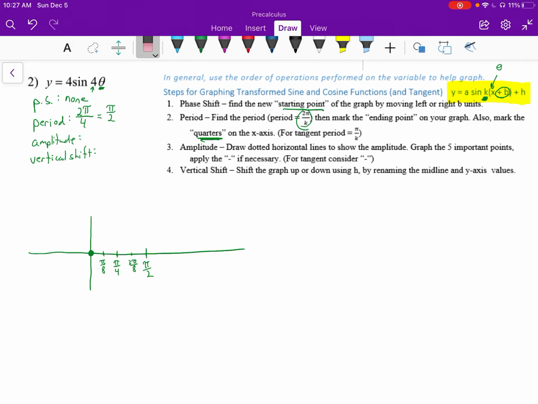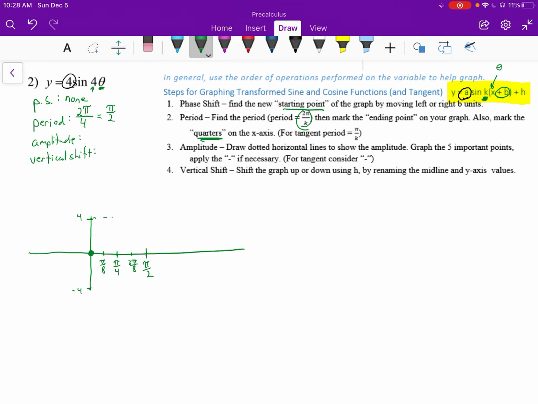Next, once we use our period to find the ending point, we go to our amplitude. Our amplitude comes from the value that's multiplied by the function. In this case, it's 4. And so our graph is going to go up to 4 and down to 4. So we'll put a 4 up here and a negative 4 down here.